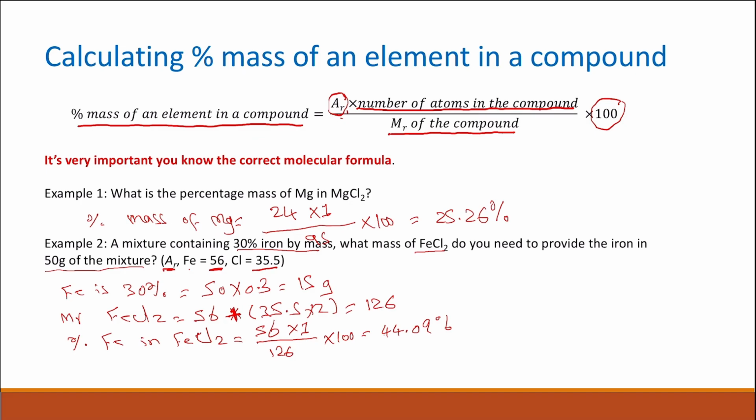So what is the total mass of iron chloride that will give us the 15 gram of iron? Then we can simply use our calculation to do this.